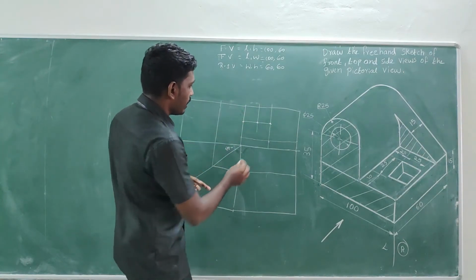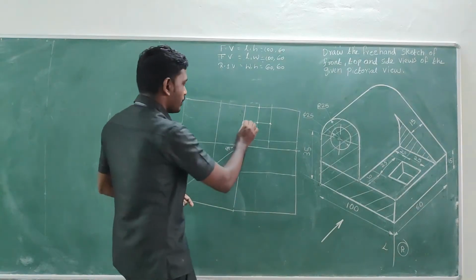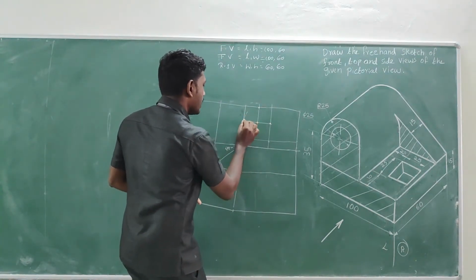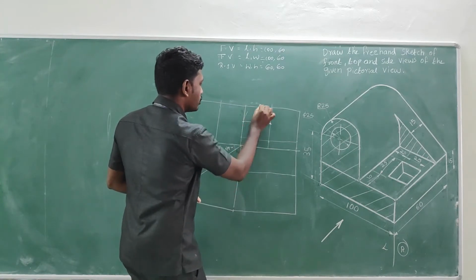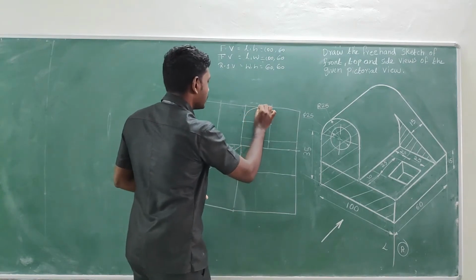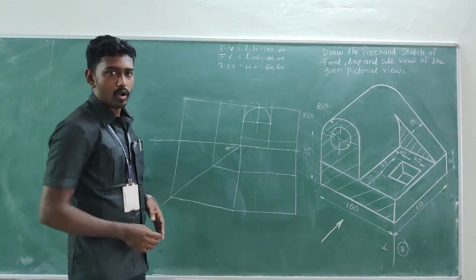In the center we have to measure it. So 25 mm we approximately get here. With the help of freehand, we can join all the points which we have picked here, 1, 2, 3. These 3 points can be joined smoothly with the freehand, something like this, so that we get the arc.